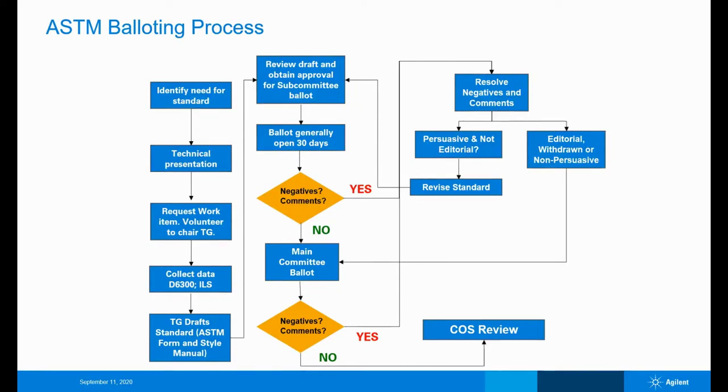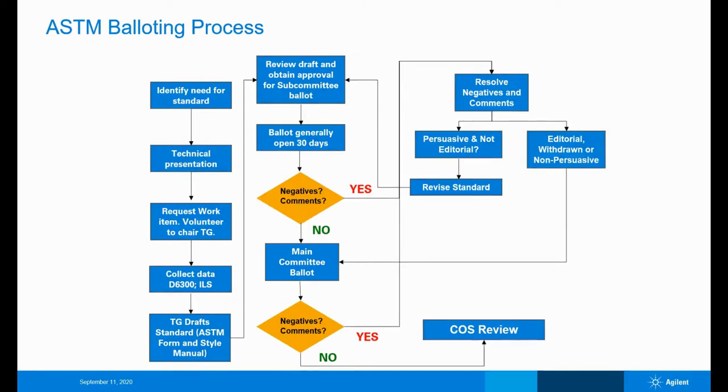The technical presentation then provides access to a work item. Typically, the person presenting the technical presentation is considered the technical contact for the work item. And that person will then lead the effort and the task group in the development of a standard test method.